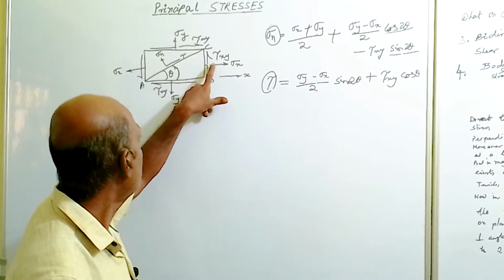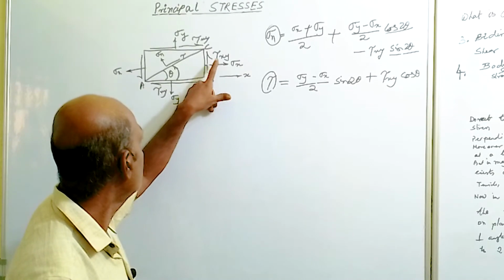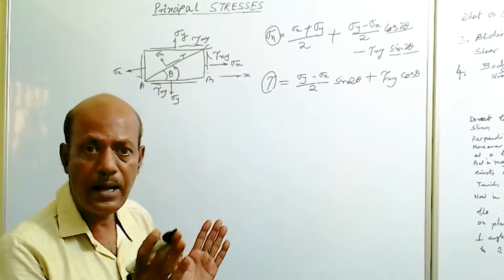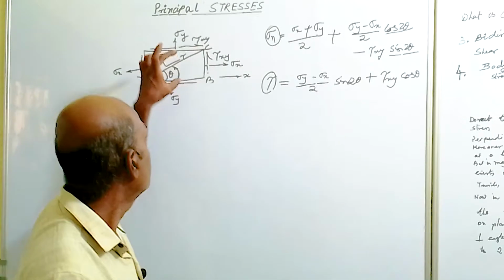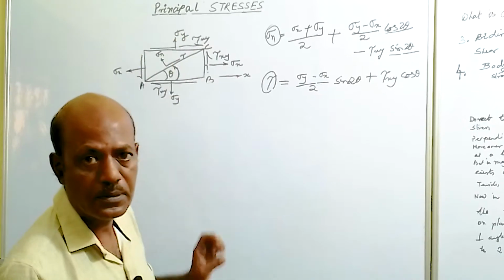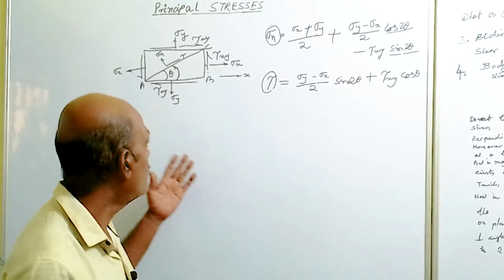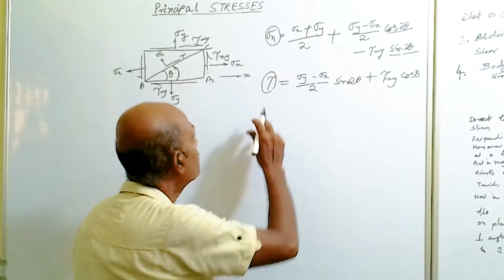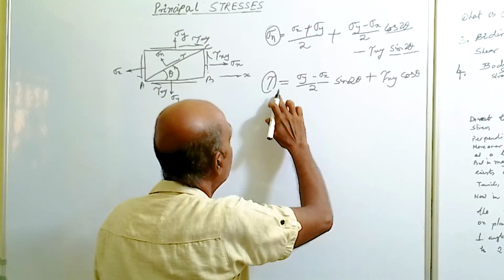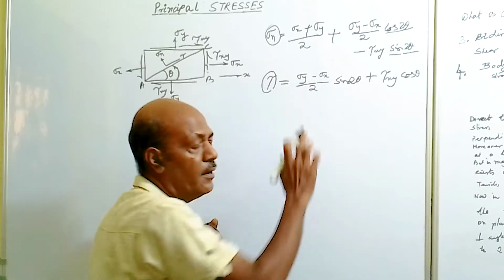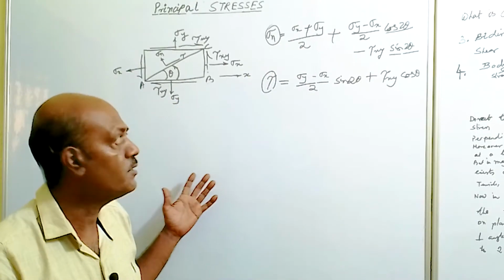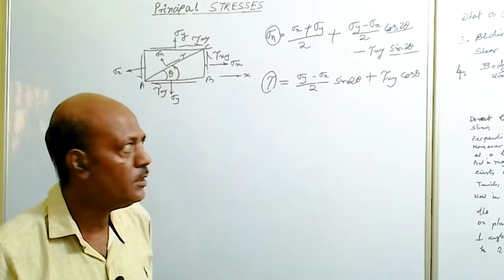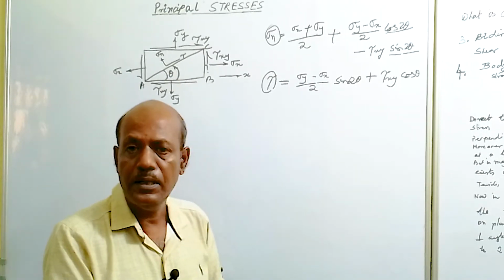Tau xy is acting in anticlockwise sense on the x face and tau xy in clockwise sense on the y face. We have derived this formula, and from the derivation we have got sigma n and tau. Sigma n is given by (sigma x plus sigma y) by 2, plus (sigma y minus sigma x) by 2 cos 2 theta, minus tau xy sin 2 theta.